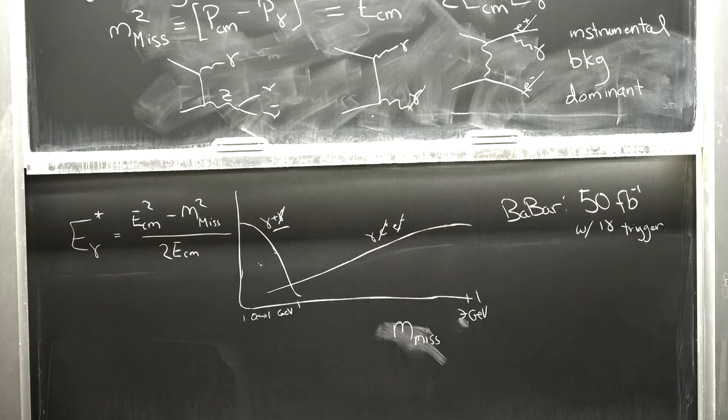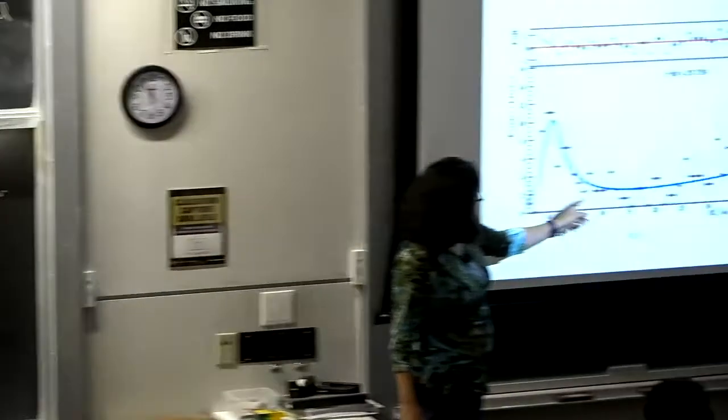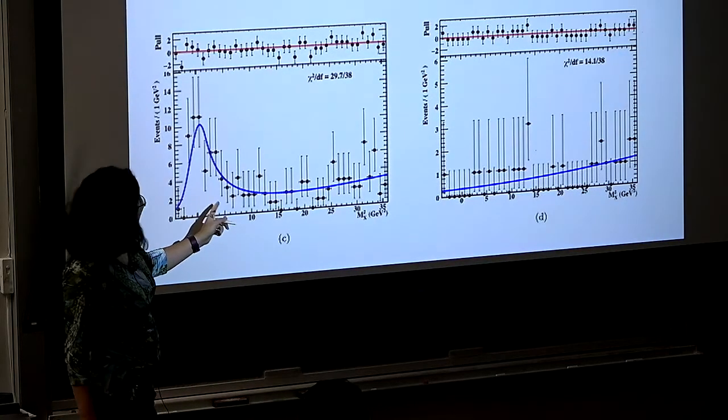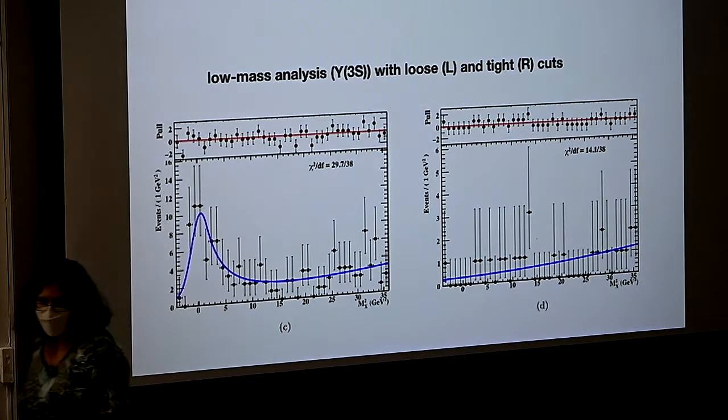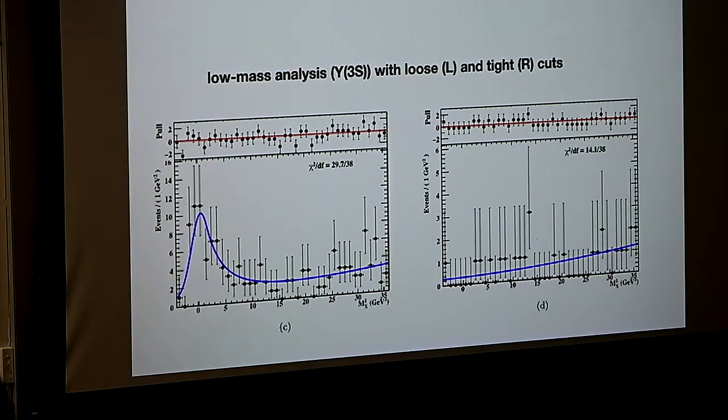So I'll pull up just a few plots from those papers to show you. So let's see. So here is the background after the loose cuts, where you can see this background coming from lost photons that I showed you, and then very efficient rejection of that background after the tight cuts, but also some lost signal efficiency.